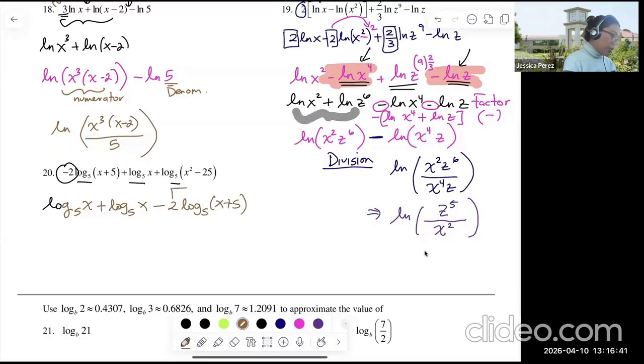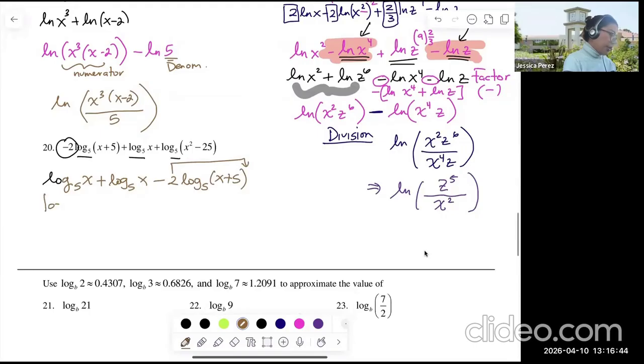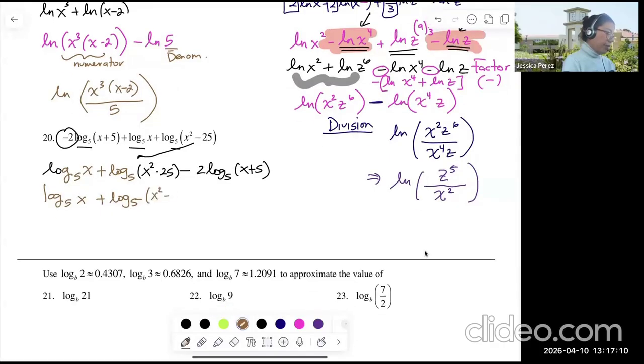I'm going to bring this 2 to the back, as a power. So I have log base 5 of x plus log base 5 of x squared minus 25, and then minus the 2 brought up as a power: log base 5 of x plus 5 quantity squared.